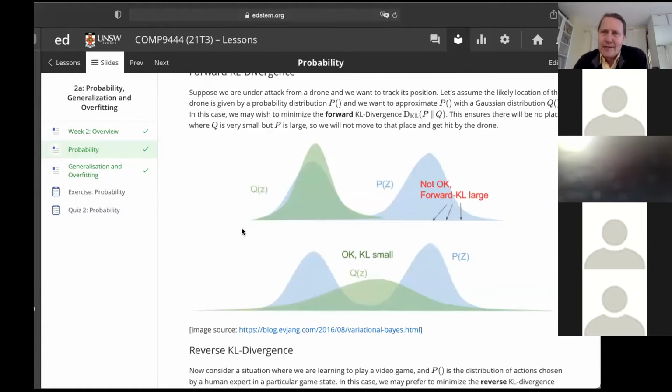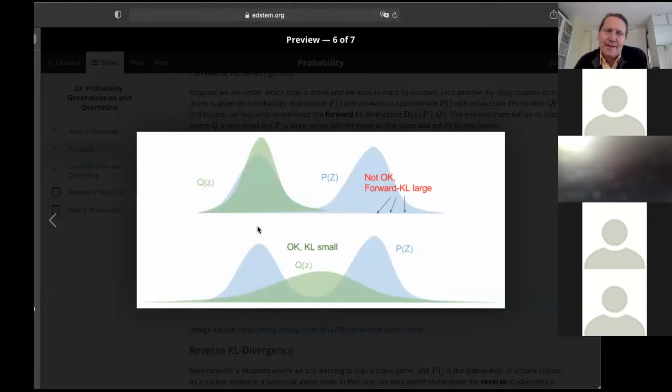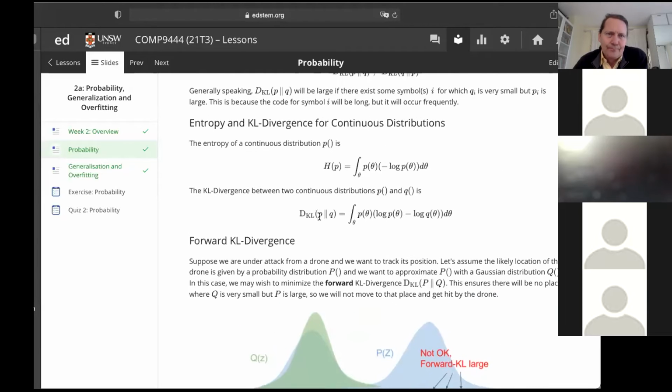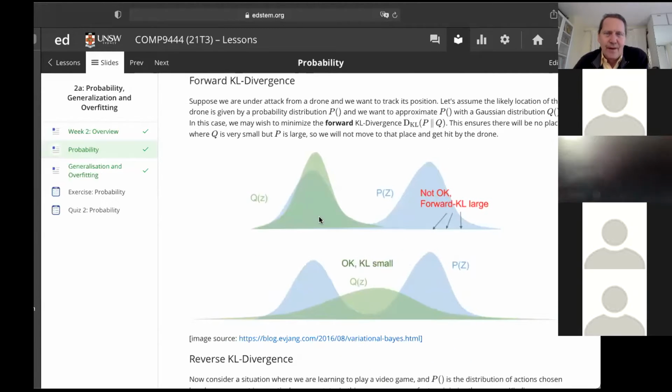It'll be in week 9, the second last week. It's an important concept because it does come up in some reinforcement learning algorithms as well, although we might not be covering those in detail.